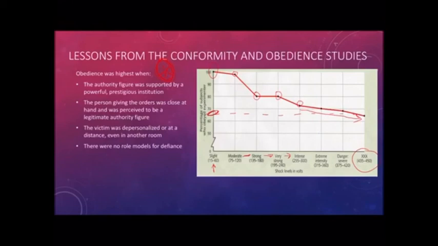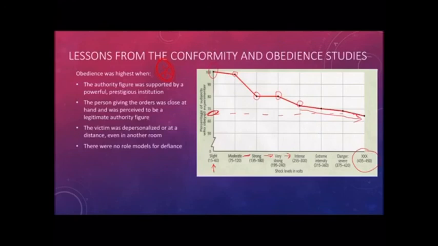The next is that the authority figure is close to the participant. If the authority figure is really close, you feel that they are exerting more force on you. There have been so many iterations of this study where people have tried putting the authority figure in a different room, or putting the student who's receiving the shocks in the same room as the participant, so they actually have to watch them get shocked.